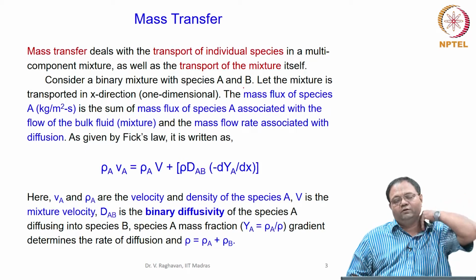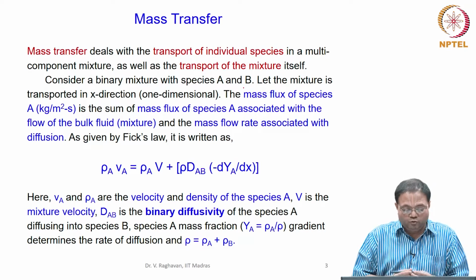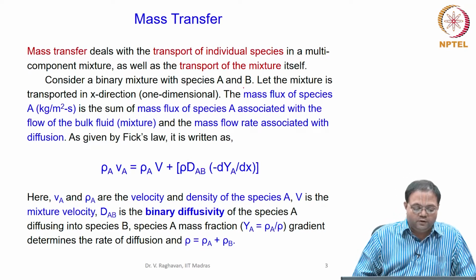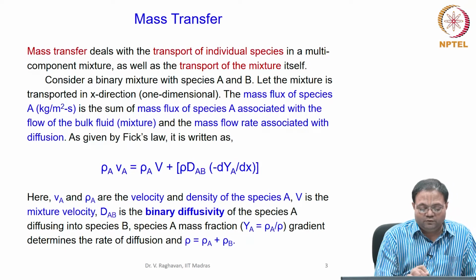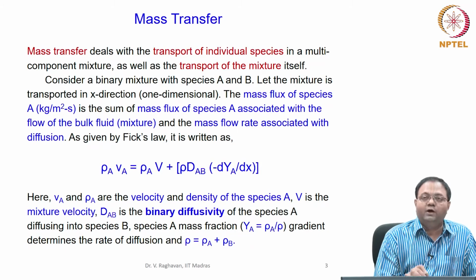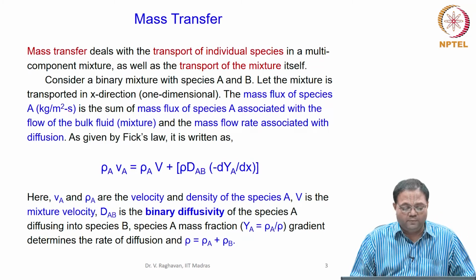The mass flux of a species is the mass flow rate of the species per unit area. Taking species A, the unit of mass flux is kilogram per meter square second.